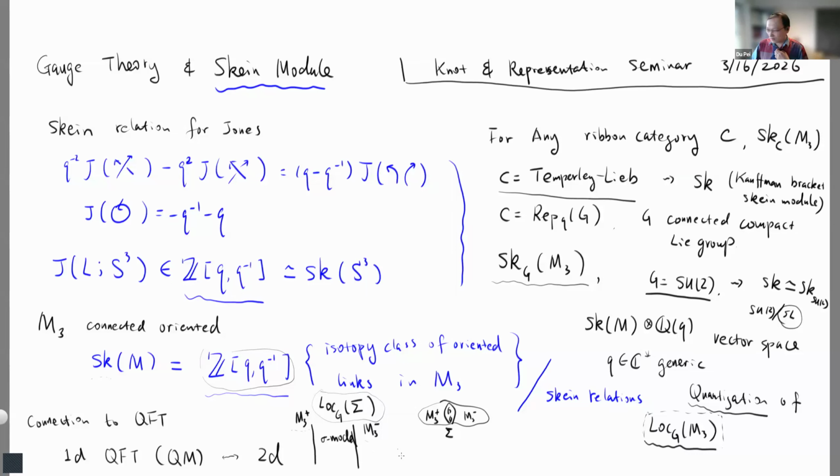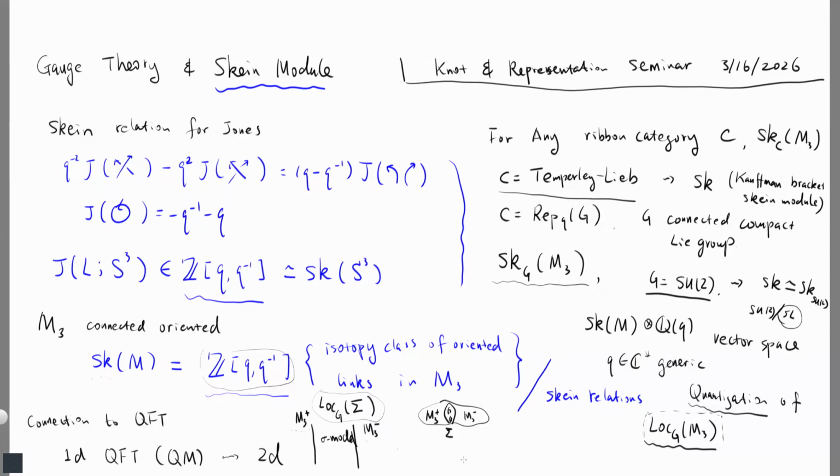But any further questions about the connection to 1D and 2D? M3 plus and M3 minus, for them to be Lagrangian, they reside in then this time a six-dimensional space which has a symplectic structure?